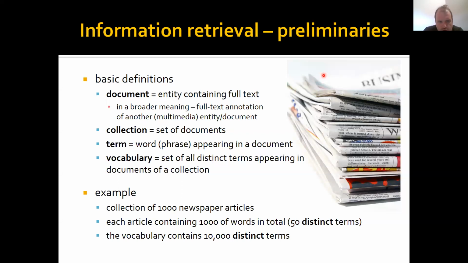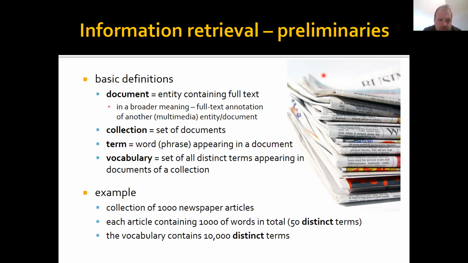A set of documents will be called a collection. So a collection is a set of your k documents. A term is basically a word appearing in the document, but a term is not every word. Also sometimes called an index term. And the terms will be created from the words in the collection, but mostly there will be a much smaller number of terms than the words that appear in the documents, because the words will be collapsed to terms in order to capture the same meaning by one term, and ignoring the morphology, for example, of a word, past tense, and so on.